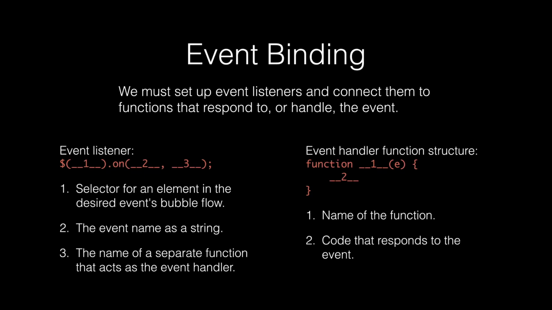And then of course in placeholder 2 back on the right hand side here, we're going to provide some code that's going to be processed when the function is called. So this allows us to have one function that perhaps is called many times by different event listeners by kind of separating them like this.